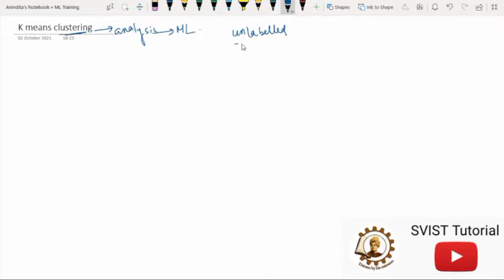So in the beginning of the class, I have given you one description of what this unlabeled dataset is all about. Means unlabeled dataset means we can say that it is a way of grouping the data points into different clusters consisting of similar points without knowing its label. So what is this label?